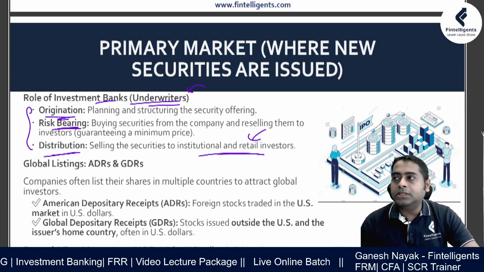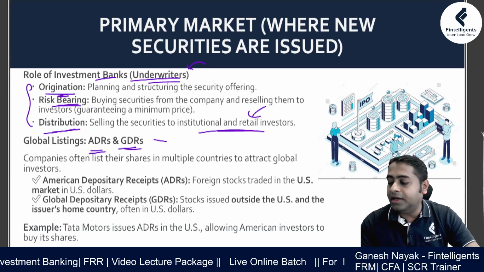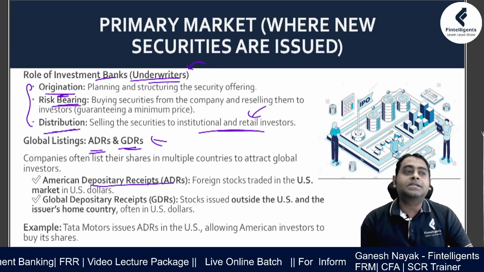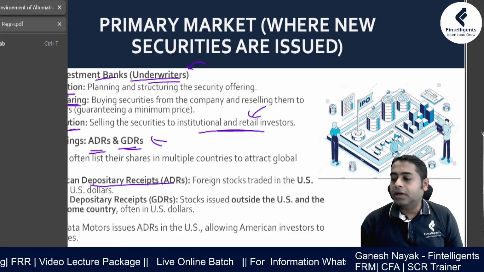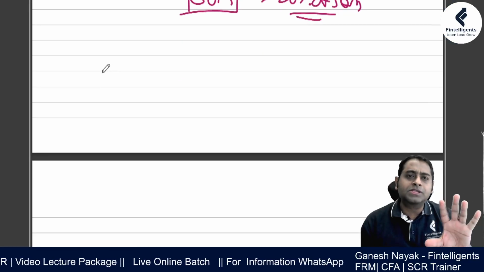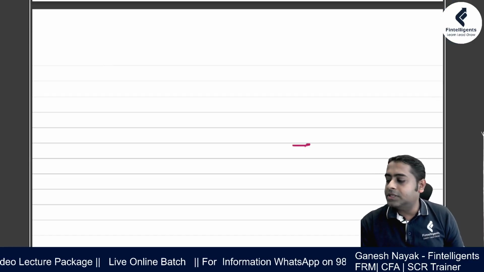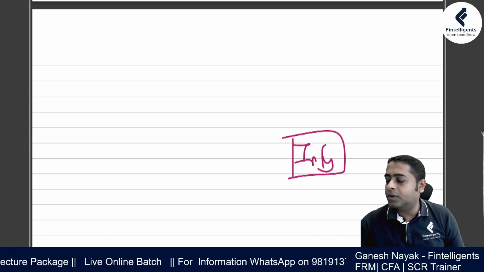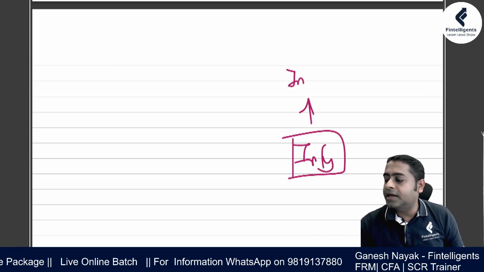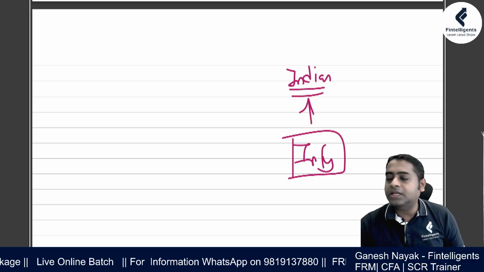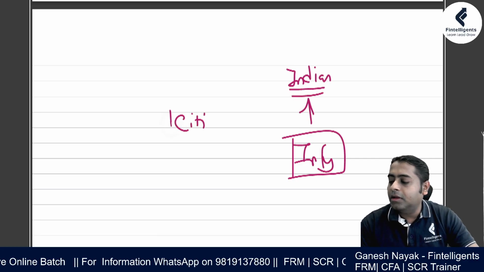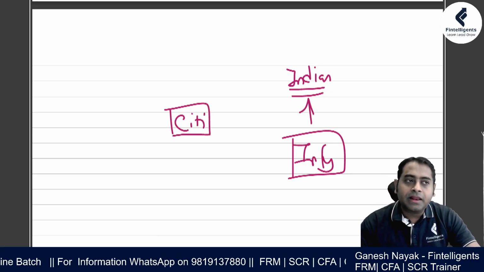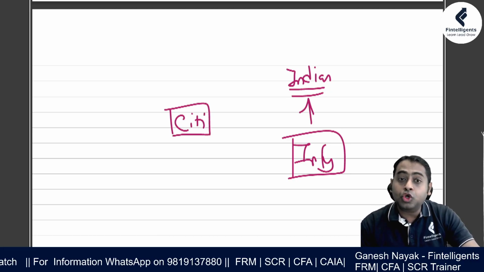There are a few securities like ADR and GDR. American Depository Receipt, I'll give you an example of ADR, it is almost similar to GDR. Suppose there is a company called Infosys. Now this Infosys is traded in the Indian market, and it is not traded anywhere else. So Citibank, for example, can come to Infosys and say, let me create an ADR on your shares.